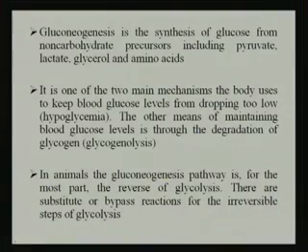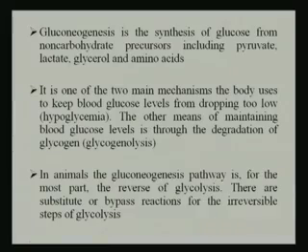In animals, the gluconeogenesis pathway is for the most part the reverse of glycolysis. There are substitute or bypass reactions for the irreversible steps of glycolysis. In glycolysis, glucose is converted to pyruvate, but pyruvate is one of the precursors for gluconeogenesis.